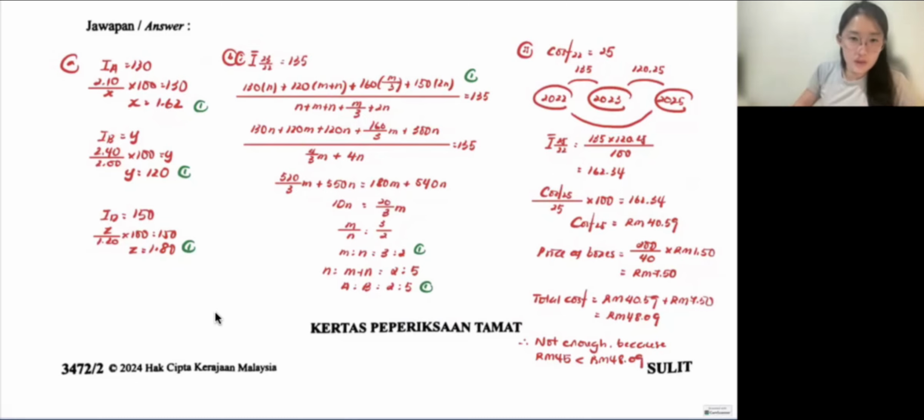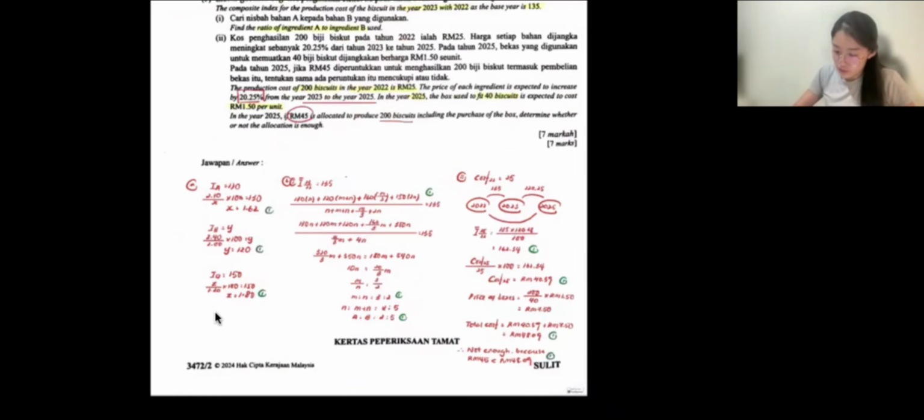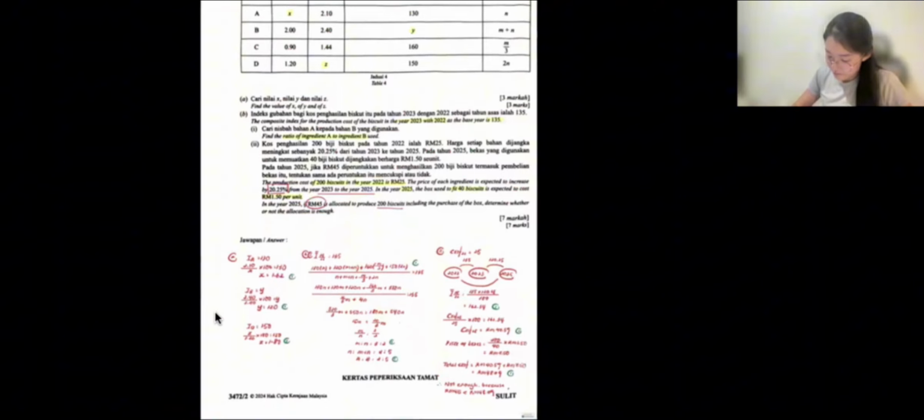Just write what you see for justification. So 1 mark on getting your composite index, and then the second one on cost price, and then total cost. And the last one, your justification. So 1, 2, 3, 4, 4 marks over here. Total 10 marks.